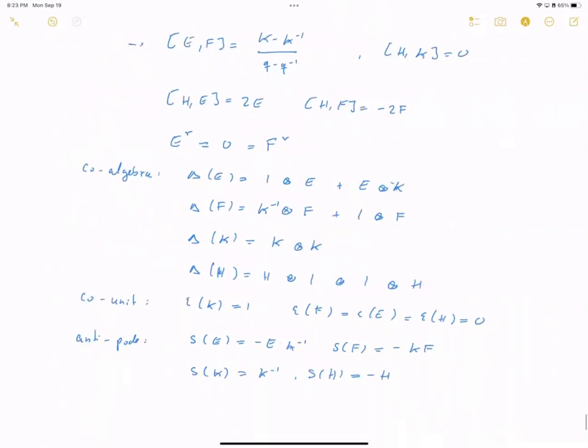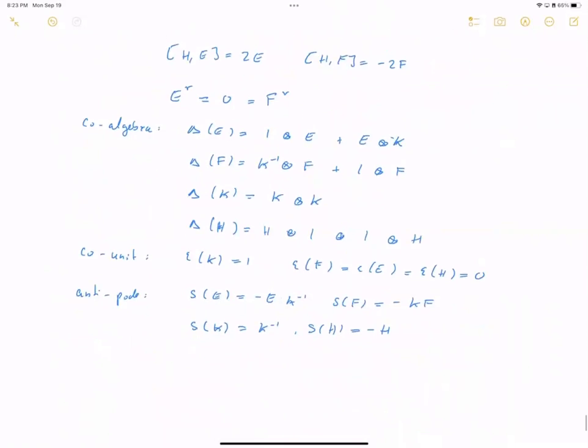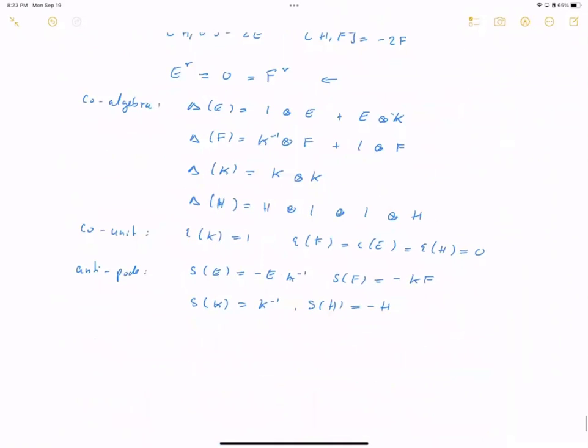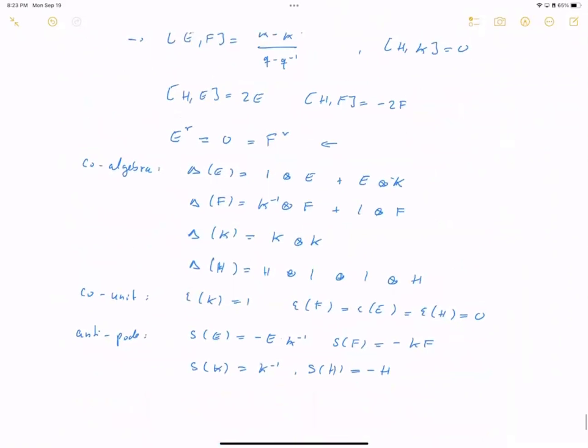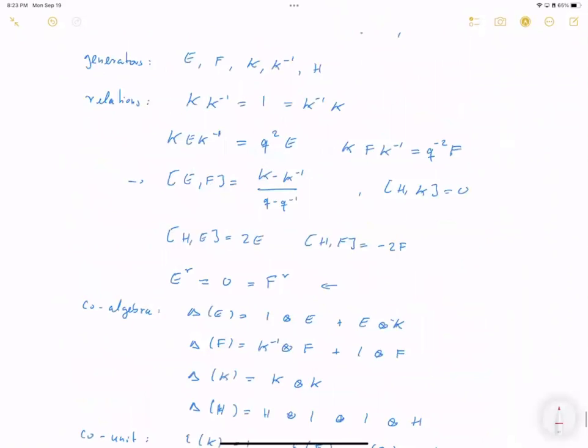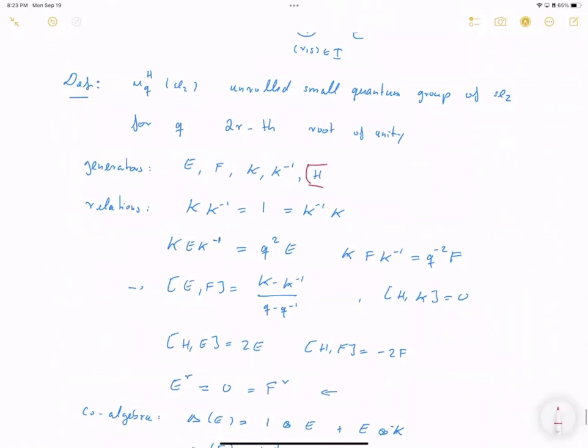So really it is very similar to the usual quantum group. The restriction comes from the requirement that E and F are nilpotent, r-th power vanishes. And the most important thing is that one introduced here this additional generator H.